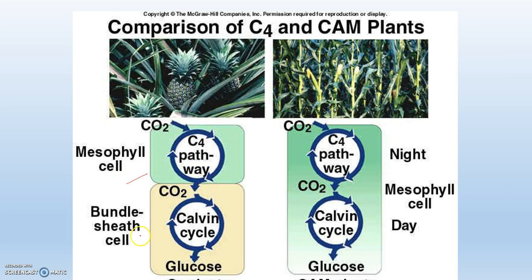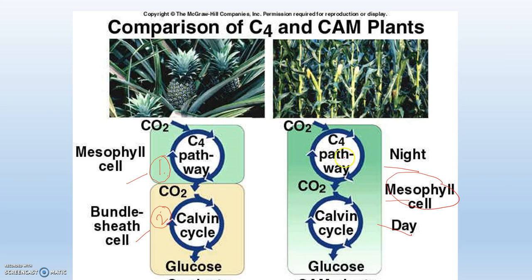So once again, here's a comparison of the C4 and the C3. In C4, the mesophyll and the bundle sheath are two separate cells. So the first part takes place here. The second part of photosynthesis occurs here in the bundle sheath. In the CAM plants, there's only a night and day difference. There's no anatomical separation. Everything is happening in the mesophyll cells, so there's no phase 1 and phase 2.